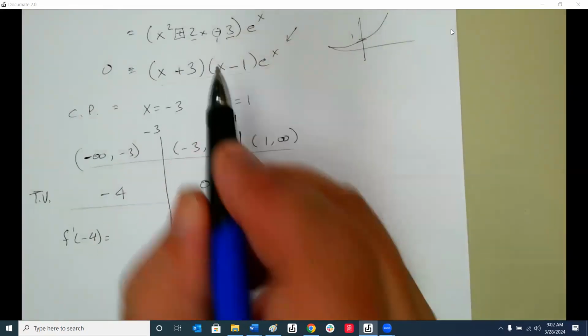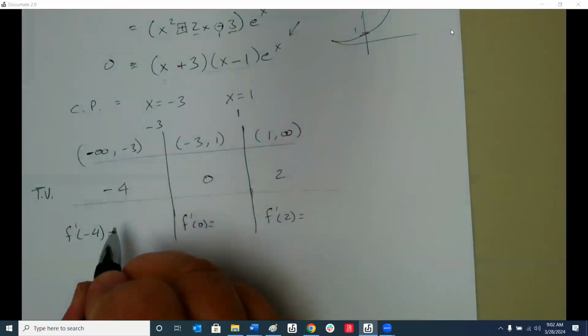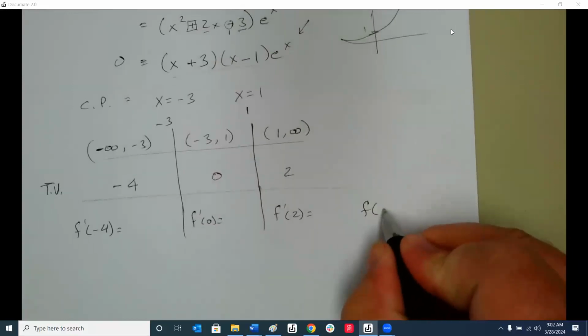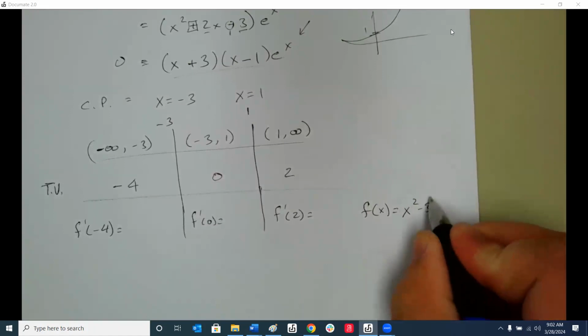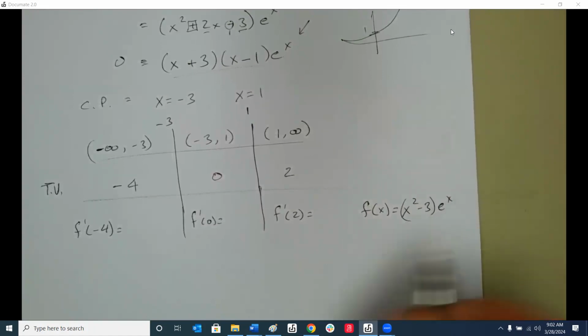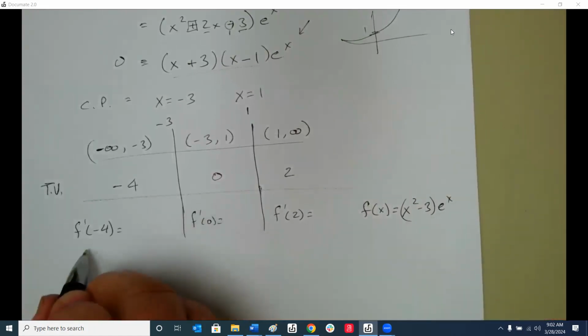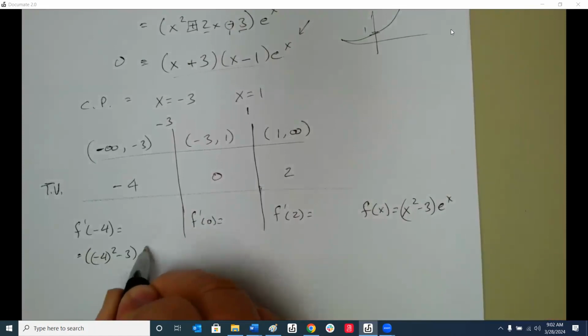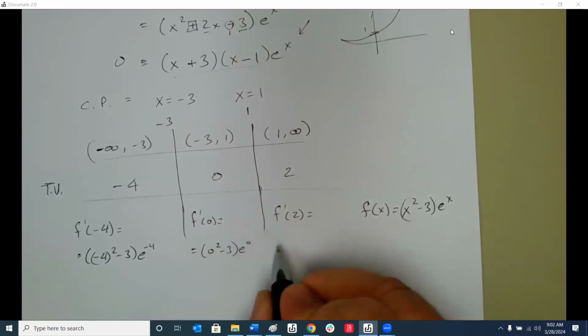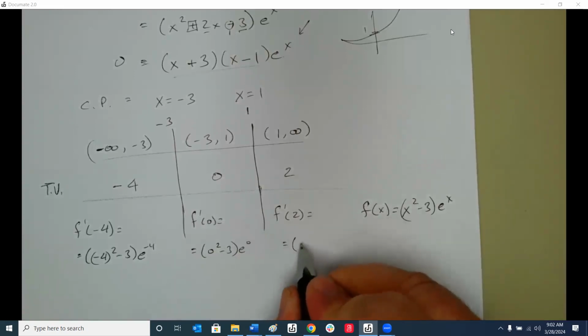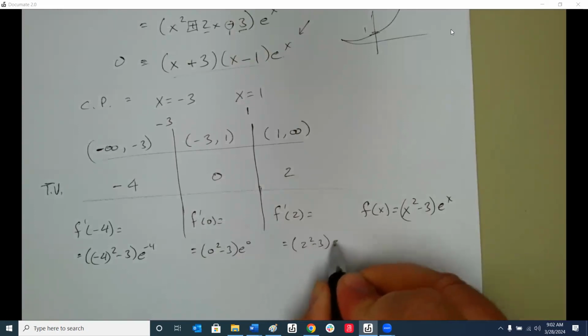And we can go ahead and use, well, there's the original function up there. So the original function was x squared minus 3 e to the x. -4 squared minus 3 e to the -4. 0 squared minus 3 e to the 0. 2 squared minus 3 e squared.